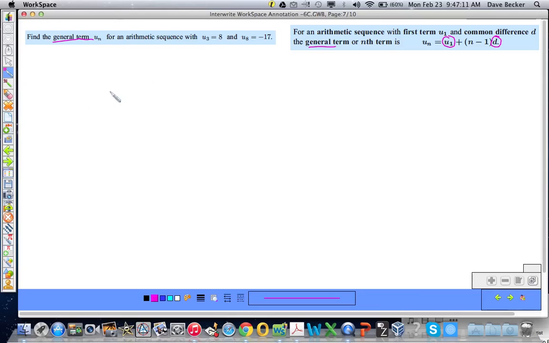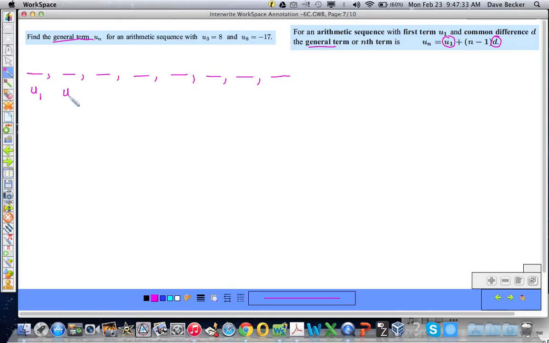Let's think about this. u sub 1 is always the first term, and I'm just going to put a little blank there to represent it. How many terms are we talking about here? 8. So 1, 2, 3, 4, 5, 6, 7, 8.